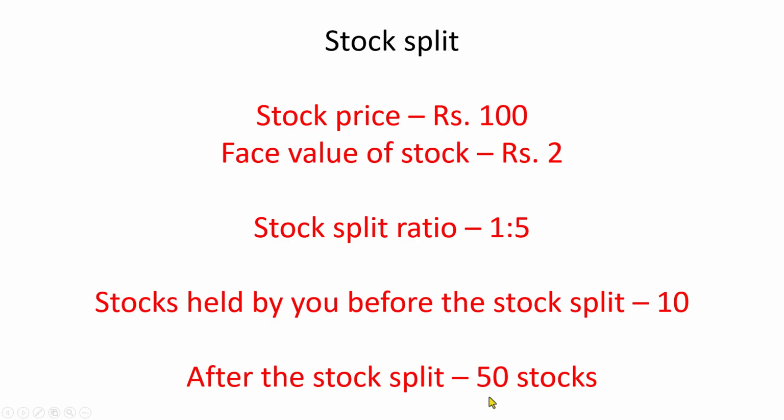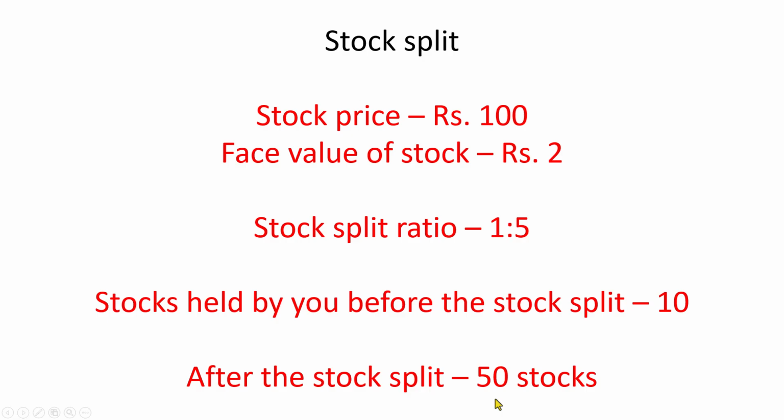What does this ratio mean? This ratio means one stock is split into 5 stocks. One cake is split into 5 pieces. So you have 10 shares. 10 shares are split into 50 shares or stocks.